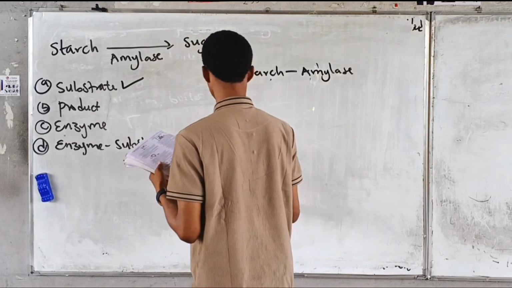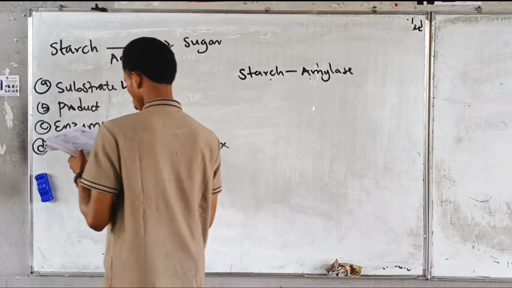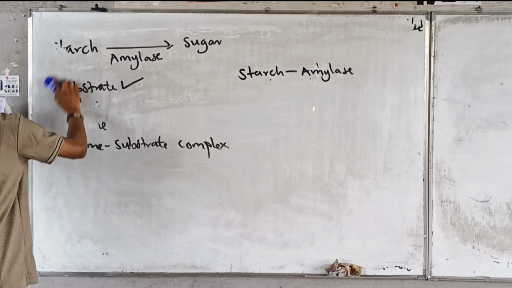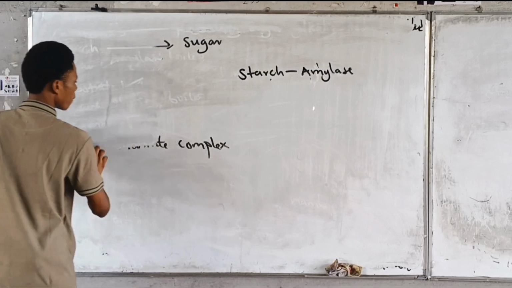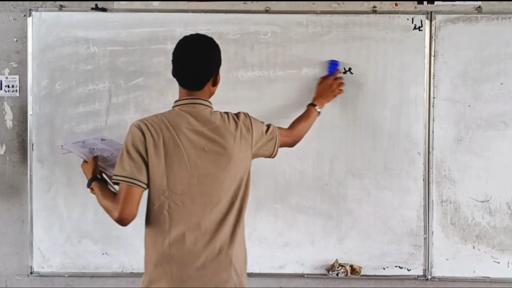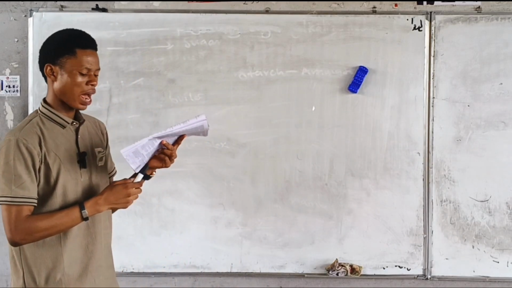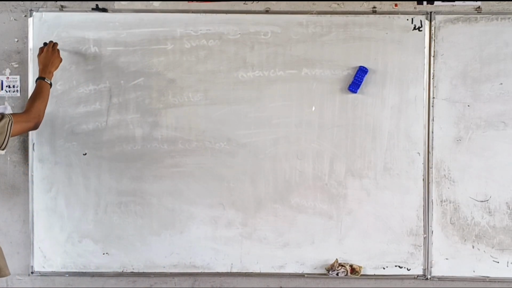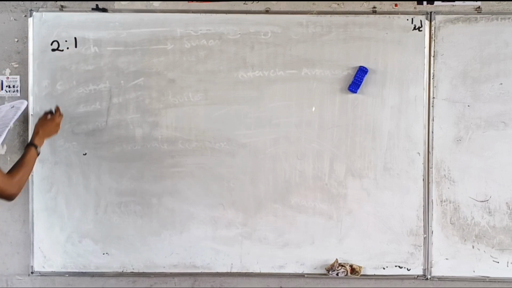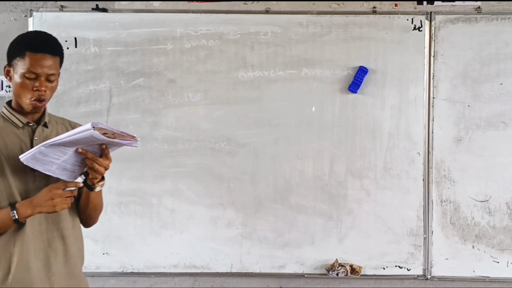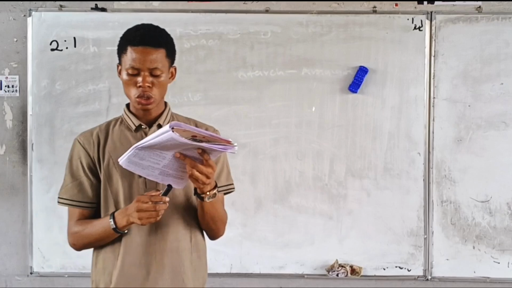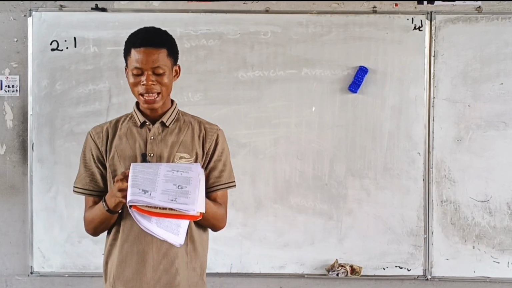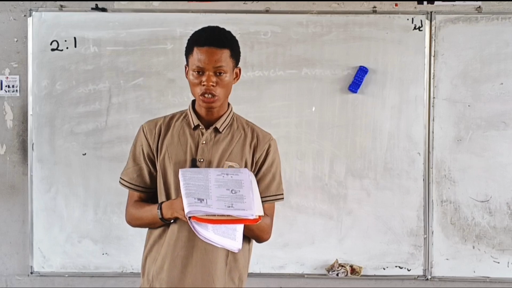Next question. If an organic compound has its hydrogen to oxygen ratio as 2:1, it is likely to be a dash.